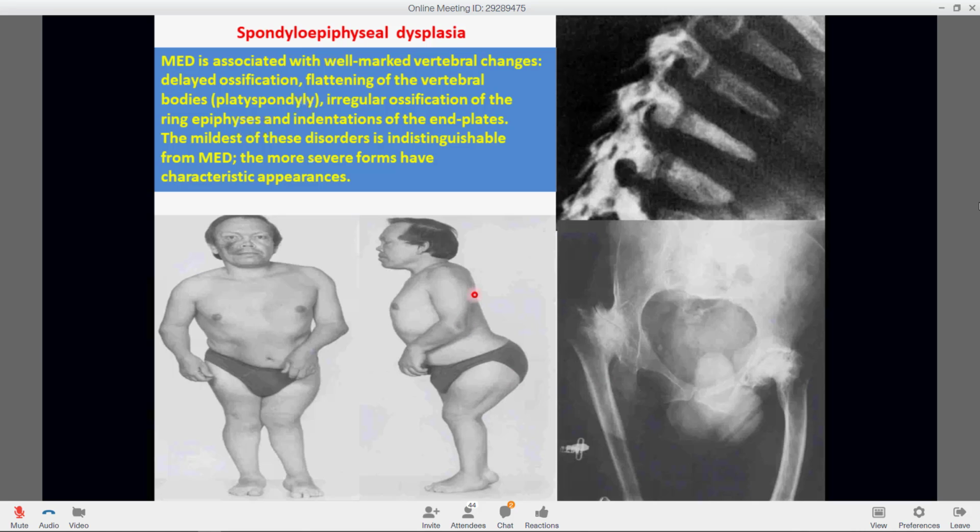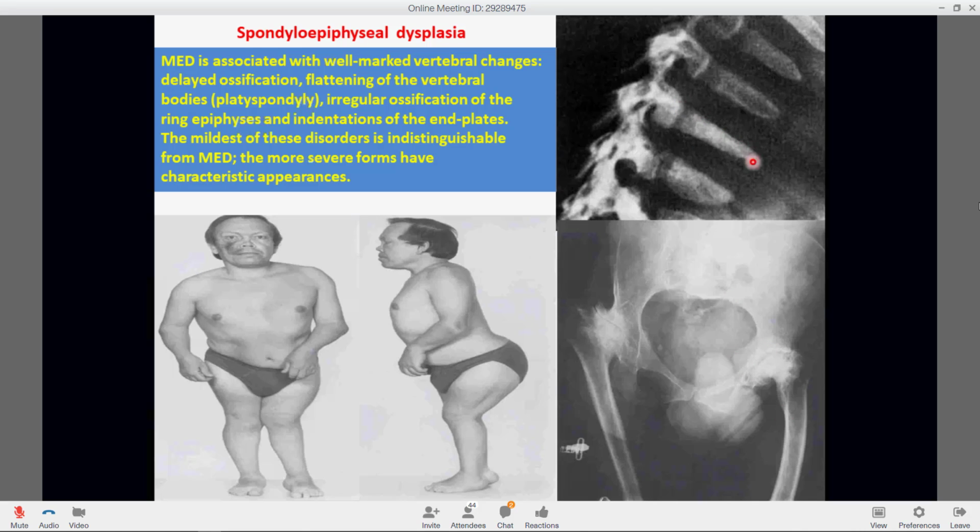As you can see here, there will be changes in the skull and the face of the patient. The patient is a dwarf, and there are spinal column changes, kyphosis, scoliosis, and severe abnormality in both hip joints.